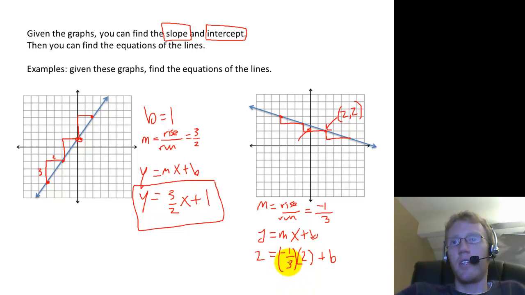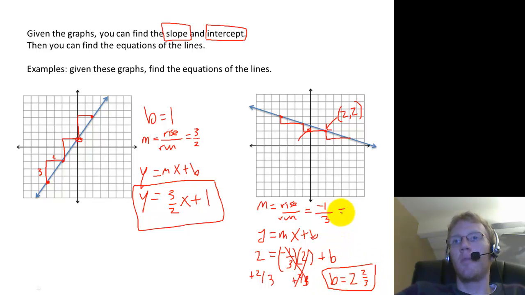So to cancel out this -2/3, I need to add 2/3 to both sides. Okay, so those cancel, and I get that b equals 2 plus 2/3, which is, of course, 2 2/3. So I know my b value, and I know my slope, because I found that before.